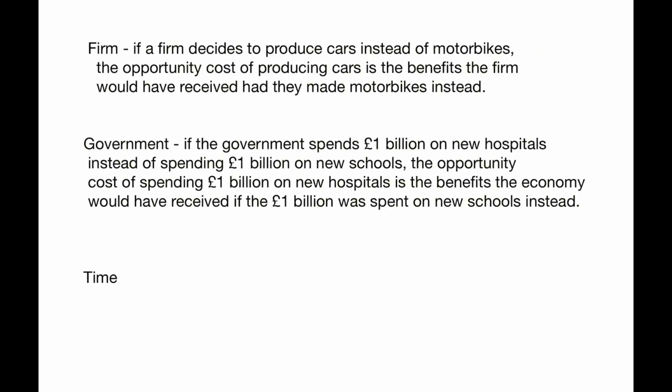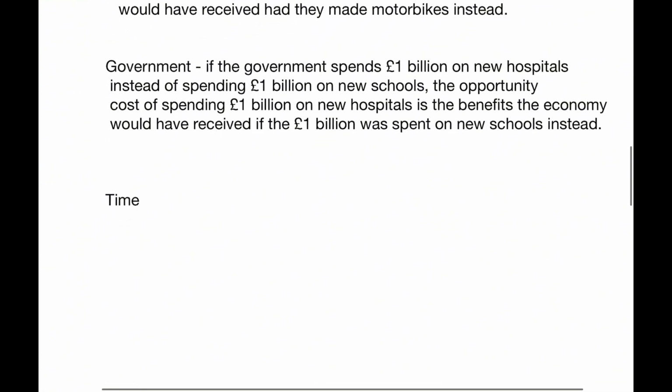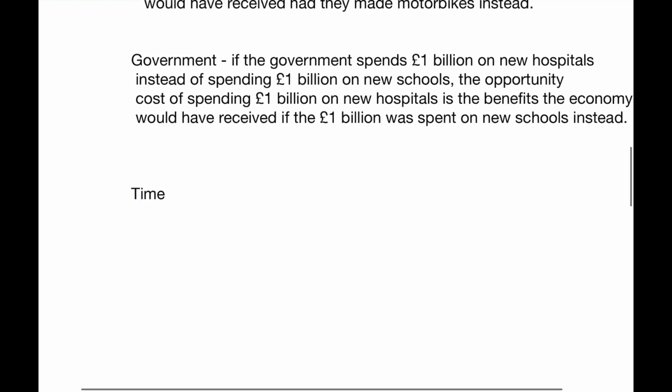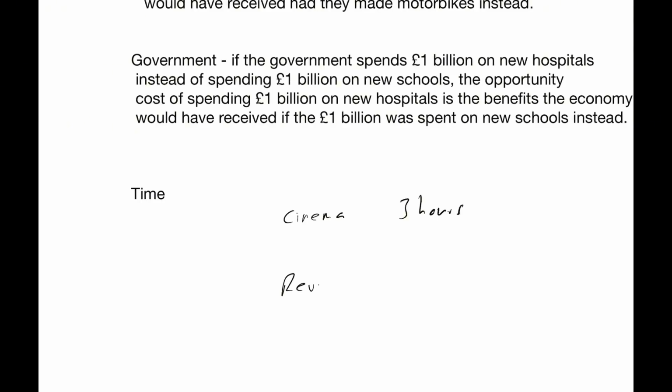on new schools instead. Now, the concept of opportunity cost also works with time. Let's think about the cinema. Let's say you've got a choice to go to the cinema, and that takes 3 hours, by the time you get there, watch the film and get back home. Or you could spend the same 3 hours revising economics at home.